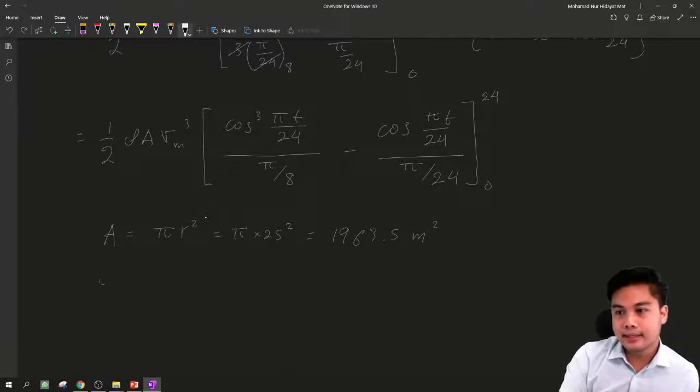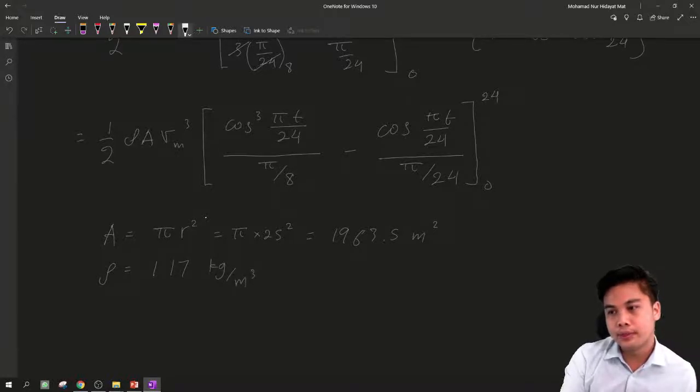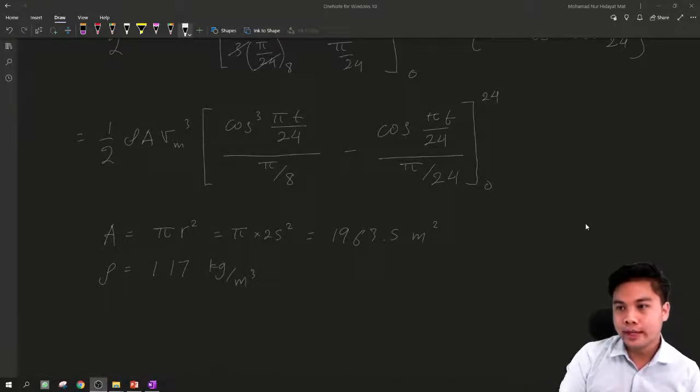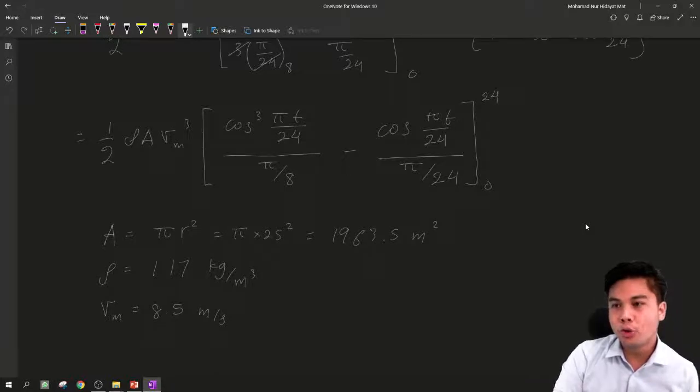The density, previously found using the ideal gas equation, is 1.17 kilograms per meter cubed, and Vm is given as 8.5 meters per second. Just substitute all these values, A, rho and Vm, into this equation, and 24 as well.